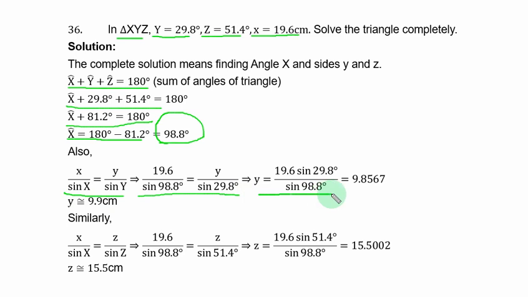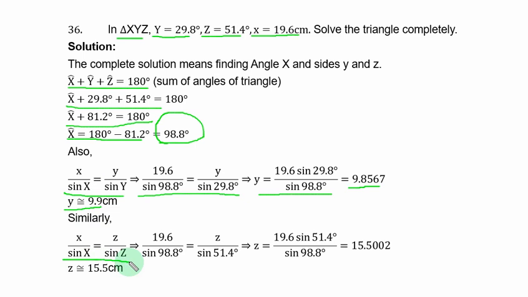You have this result. After simplification, you have 9.8567. To one decimal place, y is approximately 9.9 centimeters. Similarly, to get side z, you have the sine rule in this form.